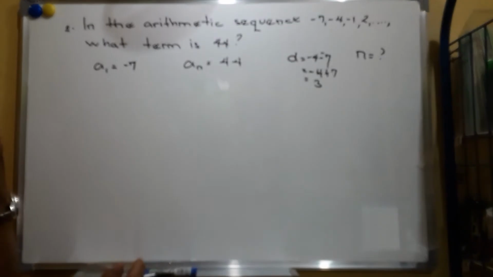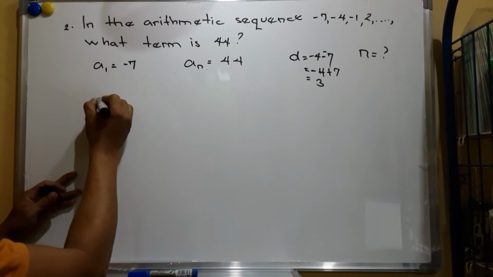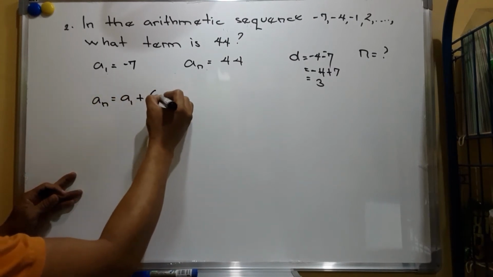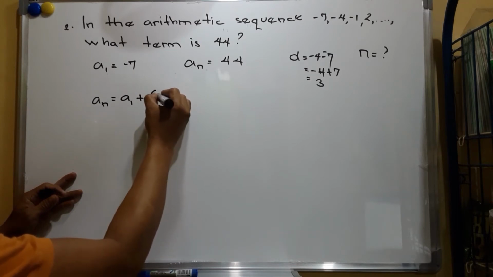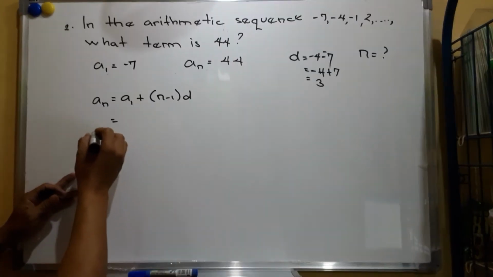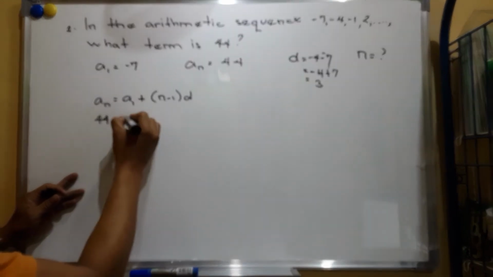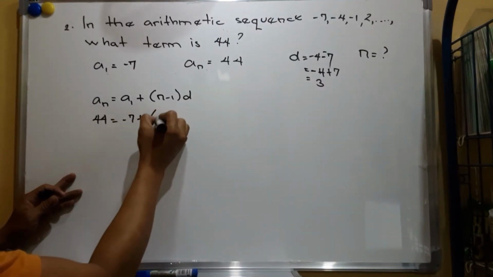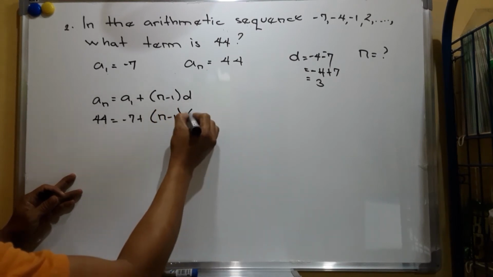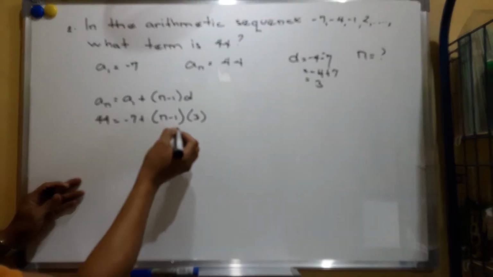Okay? So, all you have to do next is substitute in our formula. The formula is a sub n is equal to a sub 1 plus quantity of n minus 1 times d. So, your a sub n here is 44, your a sub 1 is negative 7, plus your n is unknown, minus 1, and your d is 3. Again, simple algebra.